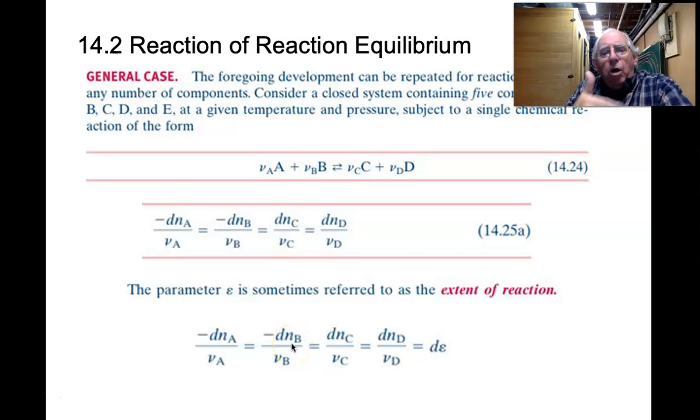And again, they are related by the stoichiometric variables. And so that parameter epsilon is referred to as the extent of the reaction. Again, if it's positive, the reaction is shifting to the right. If it's negative, the reaction is shifting to the left.